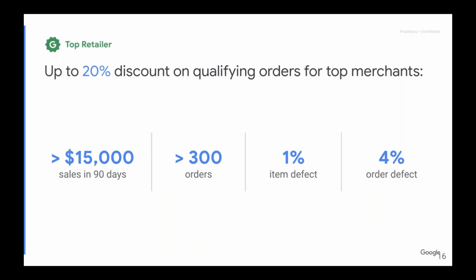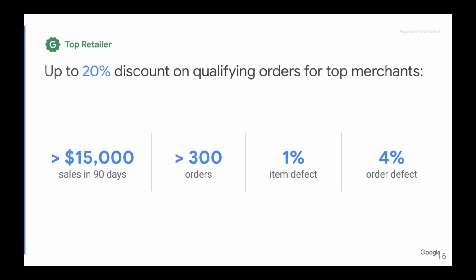Shopping actions also has a retailer standards program that I'd want to talk about. This is very similar to the seller standards program that you would come across in other marketplaces, where we actually distinguish top retailers versus others.